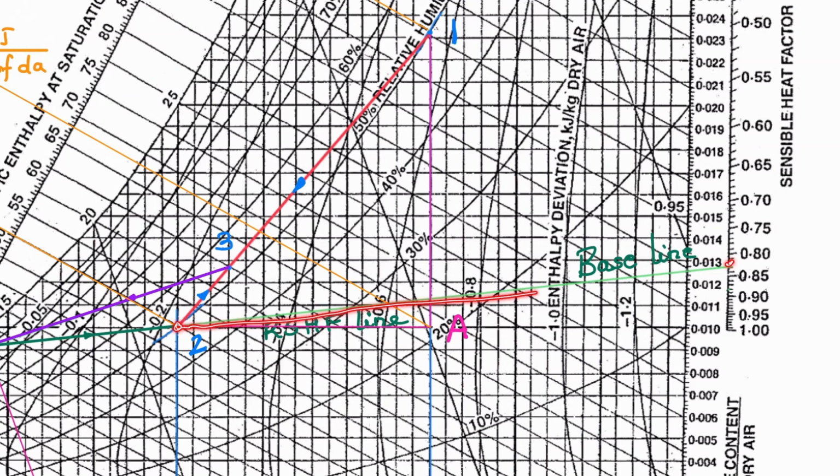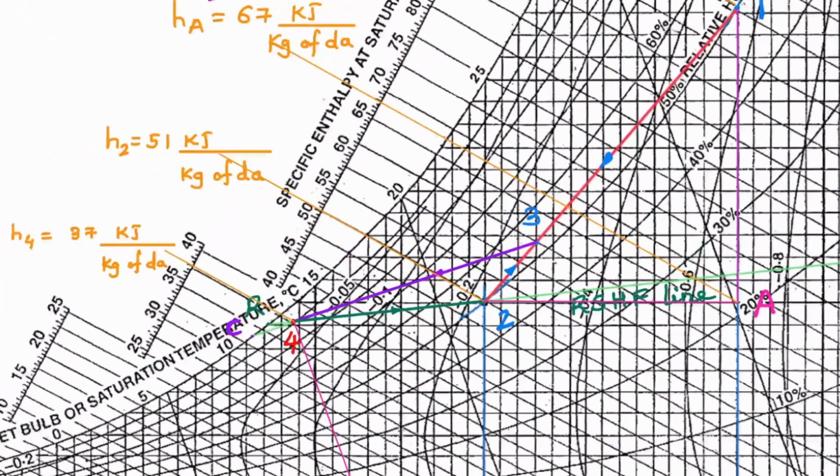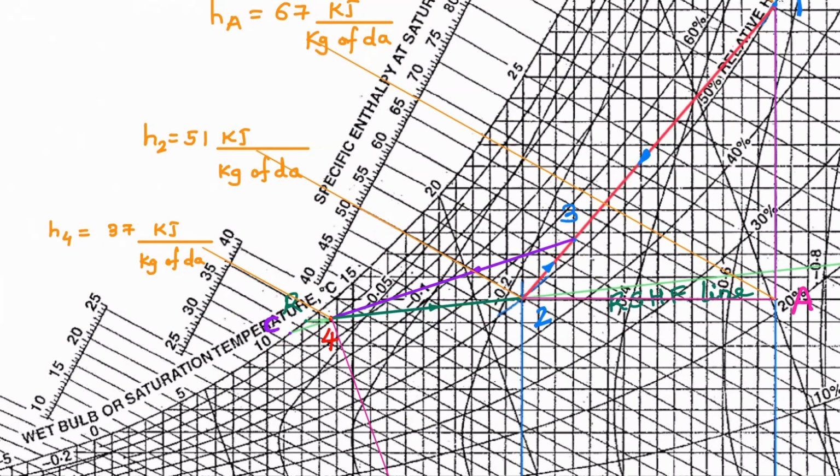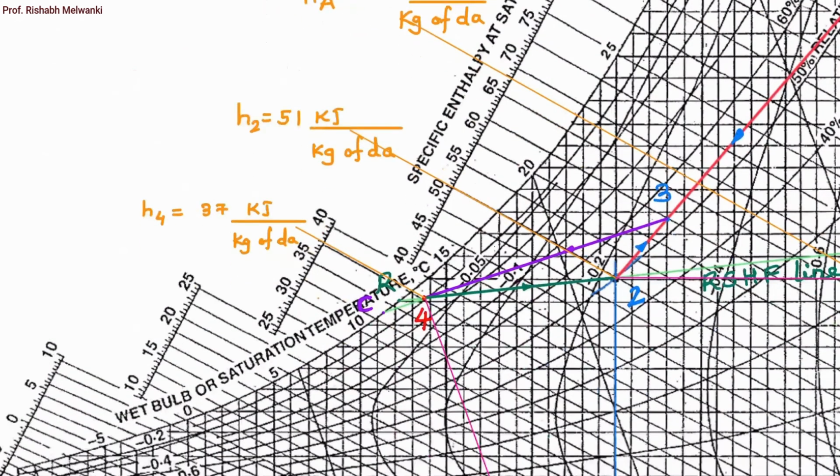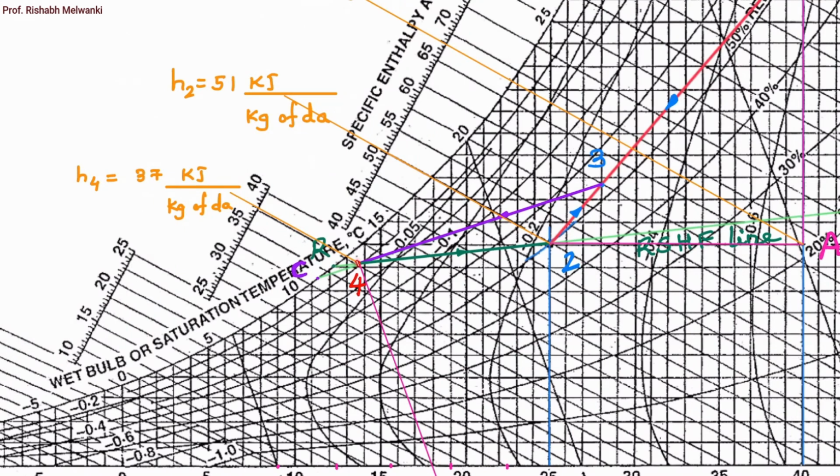We draw the baseline, then draw a line parallel to the baseline passing through point 2, wherever it cuts the saturation curve, that is point R. Then we have to adjust this line 3C in such a way that the bypass factor is approximately equal to 0.15. In this way we got supply condition point number 4. So we will stop over here.